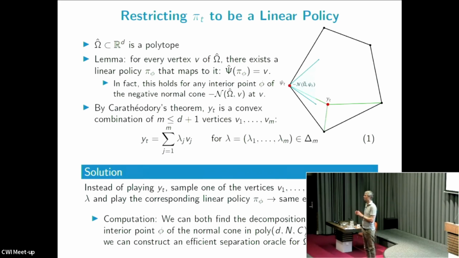A separation oracle is: if you give it any point, it says either the point is inside omega hat, or it returns a separating hyperplane that separates the point from the domain. So if you can do that efficiently, you can solve these problems. And it turns out we're able to construct such a separation oracle.